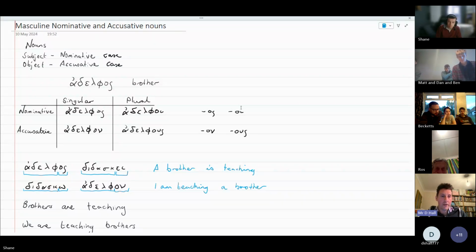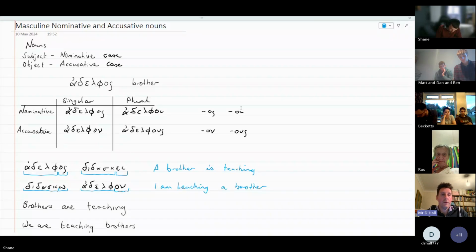Let's have a look at taking a couple of simple English sentences and turning them into Greek. So, brothers. When we look at brothers, we have to identify whether we're referring to a singular or plural. In English, we stick an S on the end in lots of cases to identify the plural of something. So we have a plural word now.